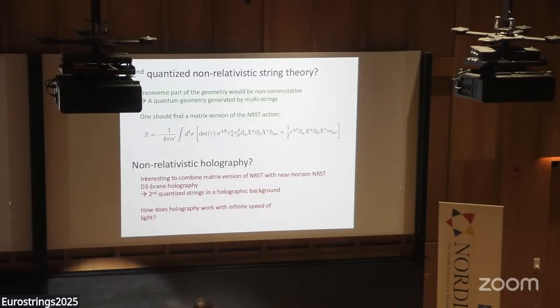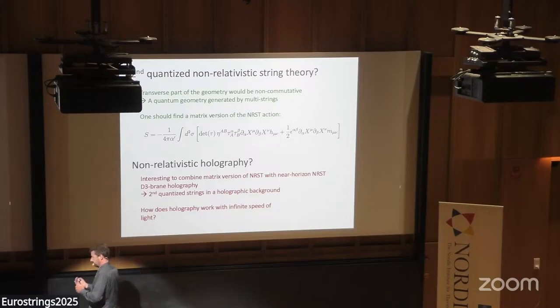So it should be possible to write down a version of this action where the transverse fields are matrices. And this should give you access to a quantum geometry of non-relativistic string theory.